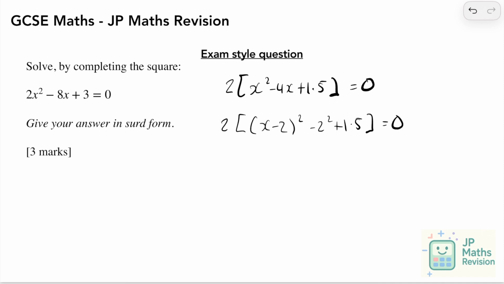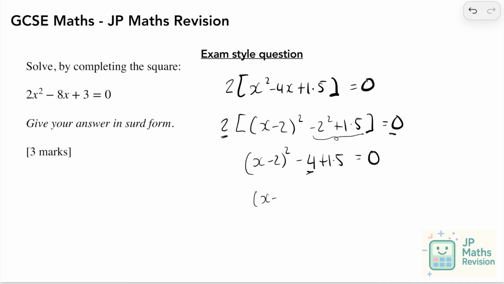At this point, what we could also just do is divide both sides by the 2 to get rid of it. So if we do that this time, we end up with (x - 2)² - 4 + 1.5 = 0. So I've divided this by 2, and I've also expanded, so -2 squared is -4, so that's why I've written that there.